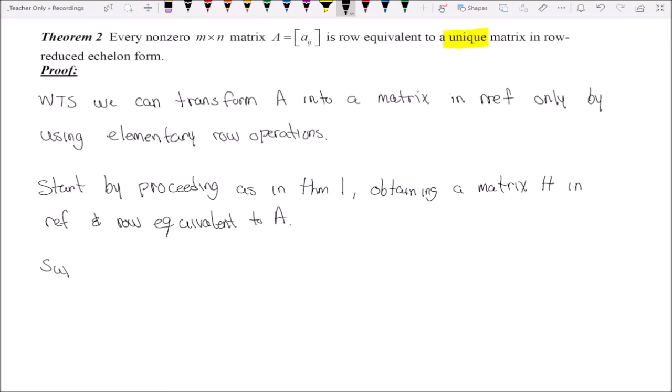Now, let's suppose that rows 1, 2, up through r of H are non-zero.